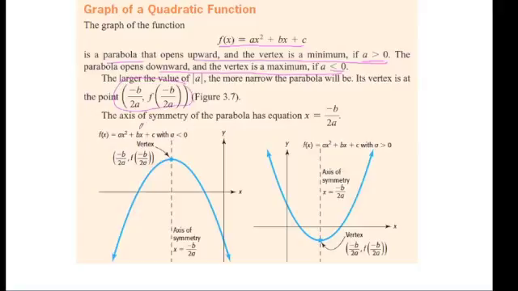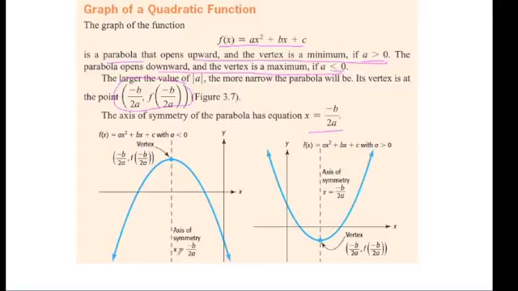It's important to know the axis of symmetry is x equals negative b over 2a. That's the line right here that goes through the parabolas. So ax squared plus bx plus c, if a is less than 0, so if a is negative, notice it opens down. The vertex is negative b over 2a, and f of negative b over 2a.